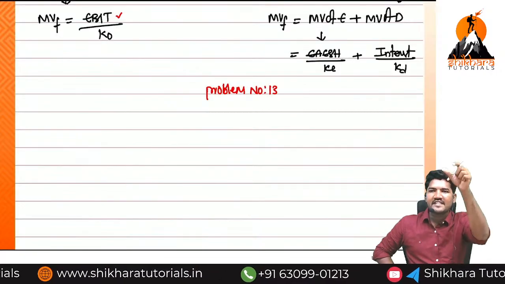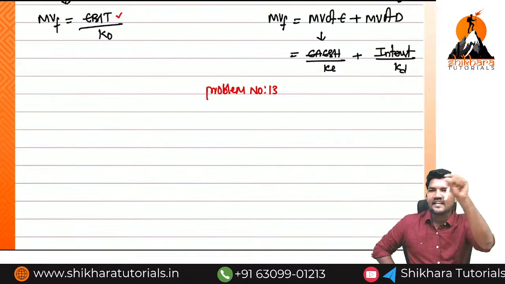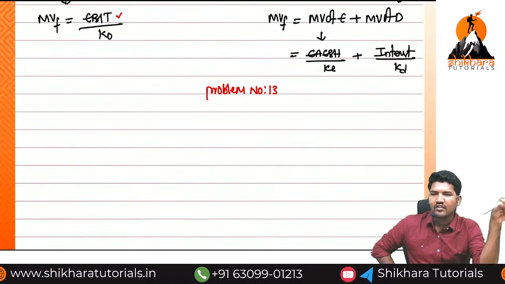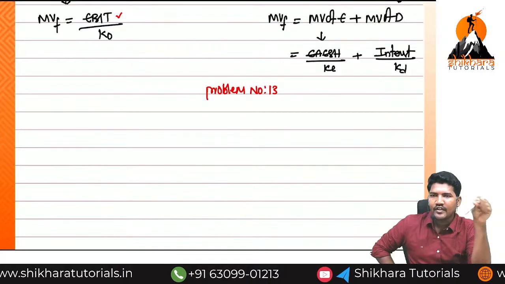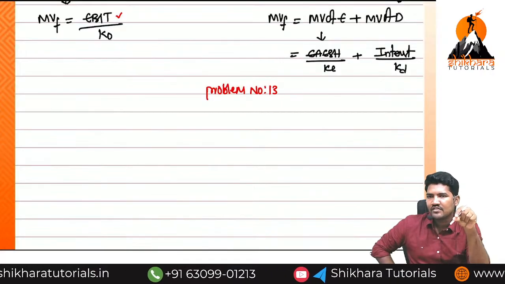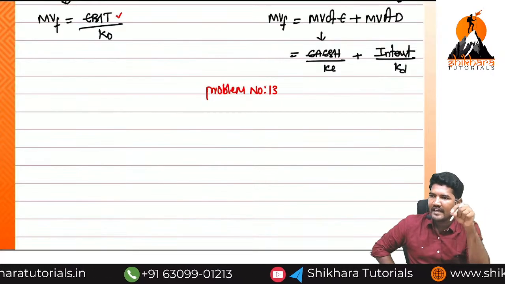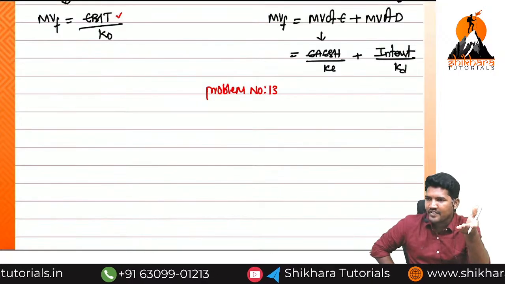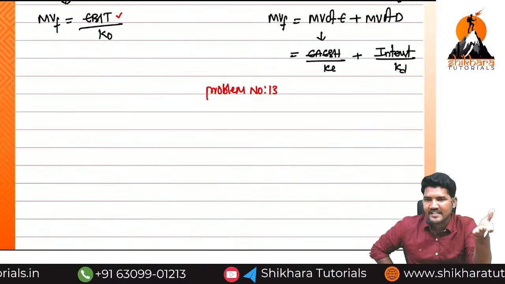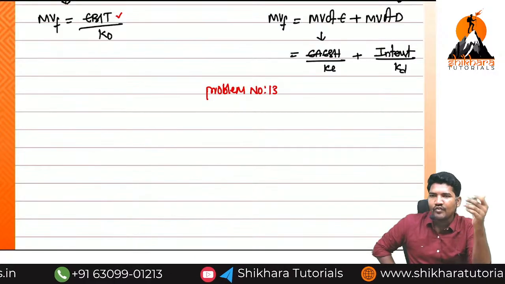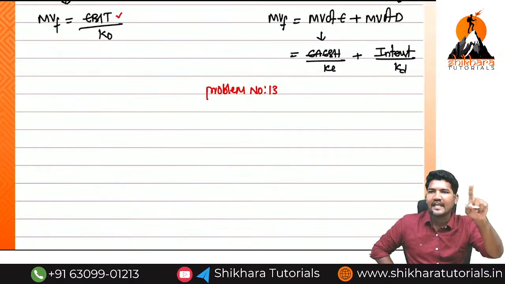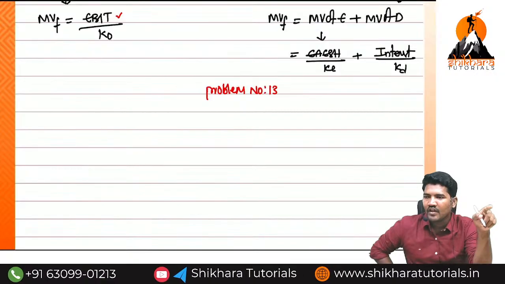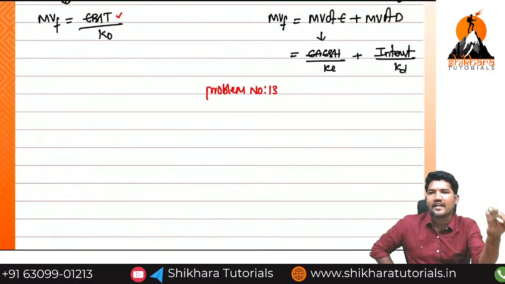That's why they followed this statement. They're focusing on EBIT. Less interest, EBIT less tax, you will get EAT. There is no preference share capital, so EAT is nothing but EAESH divided with KE. You will get both firms' equity capital value. Now if you add the debt value, you will get the market value of the firm.